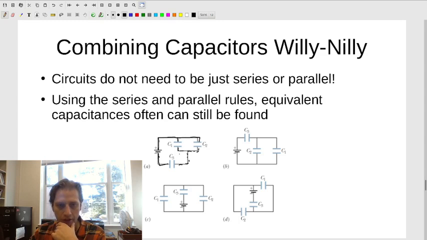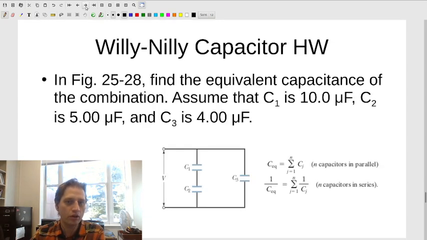So like right here, your potential difference is the same across these two capacitors. So you could find the equivalent capacitance of this group, and then you could treat that as a single capacitor, and then find the equivalent capacitance when you take that capacitor and this one. Okay, so that's a little confusing. So let's try a little bit of a more grounded example.